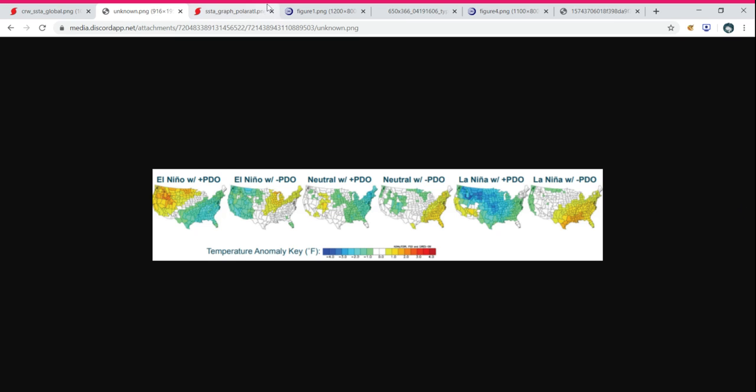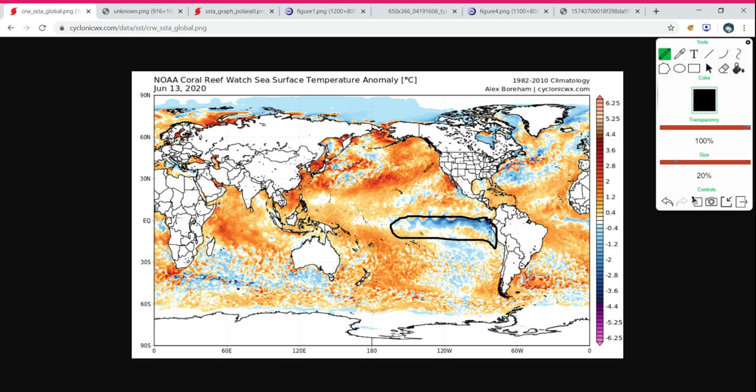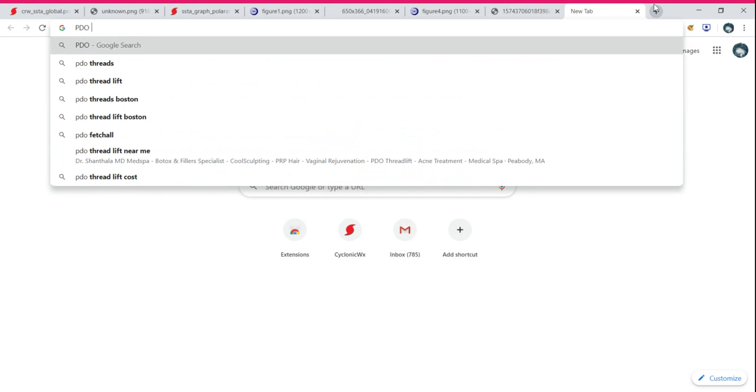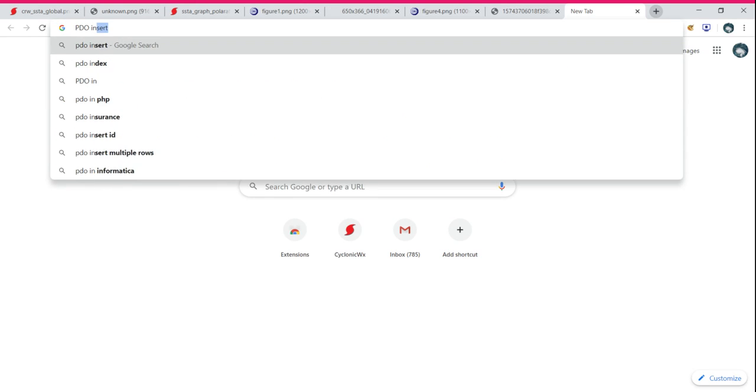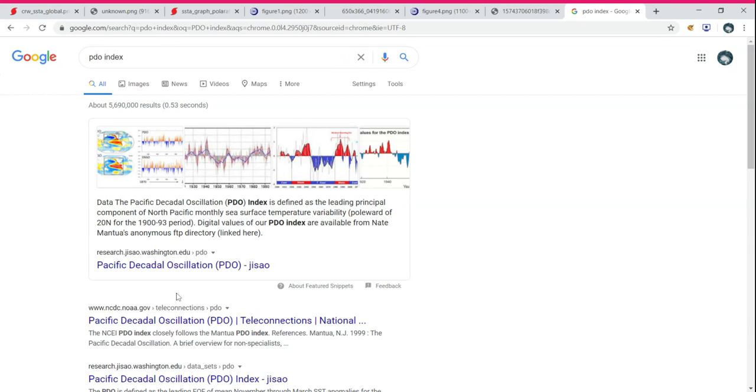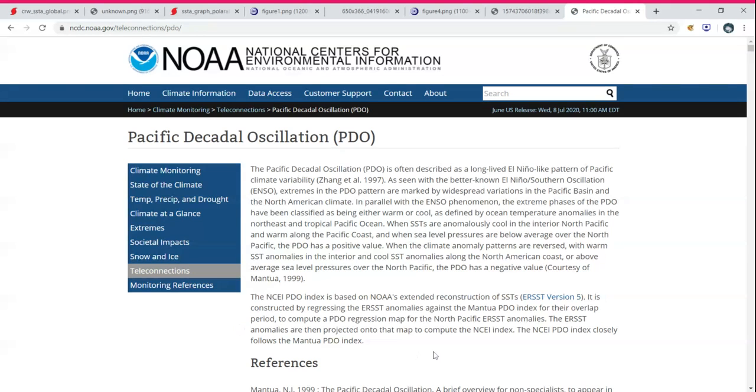You may be wondering at this point, how's the PDO looking? You can see right now the PDO region is pretty warm along the west coast. So let's actually look at the PDO index.